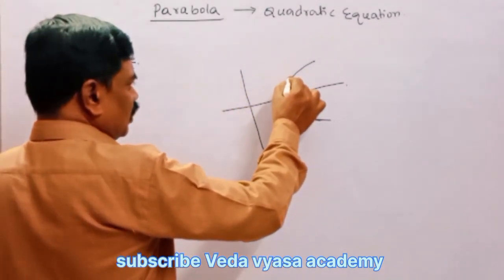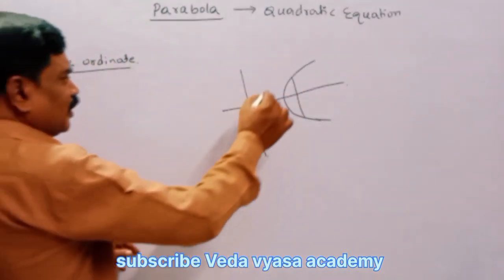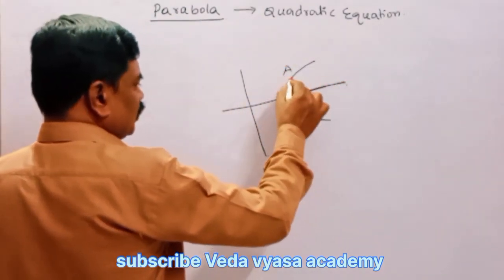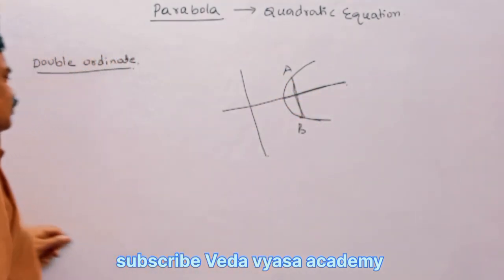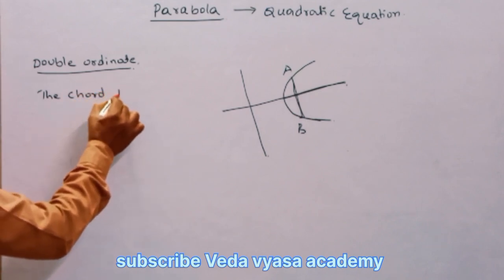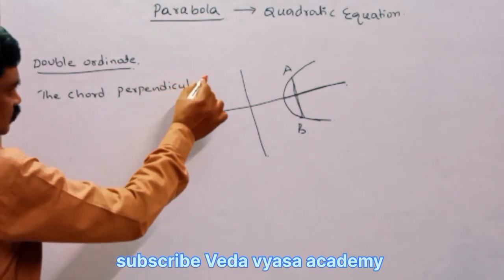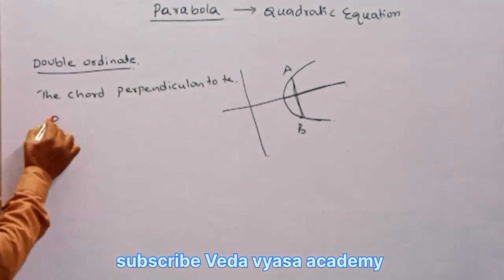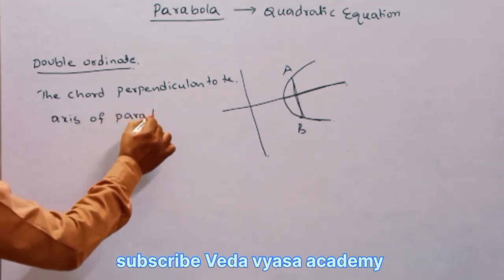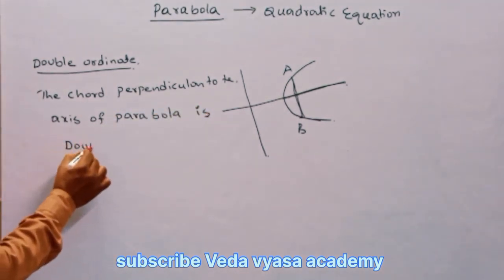The chord AB passing through 2 points and perpendicular to the axis of the parabola is a double ordinate.